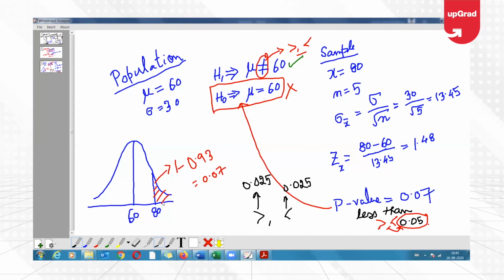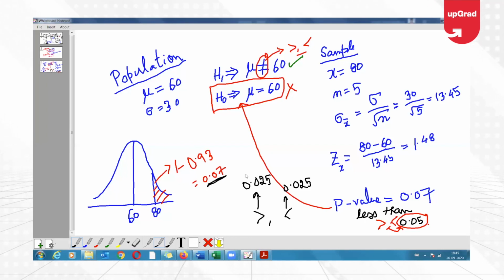Which means when I'm getting the rejection region, I'm only getting it from one side. So whatever we are getting from 0.07 is not sufficient. It's only testing the greater side.